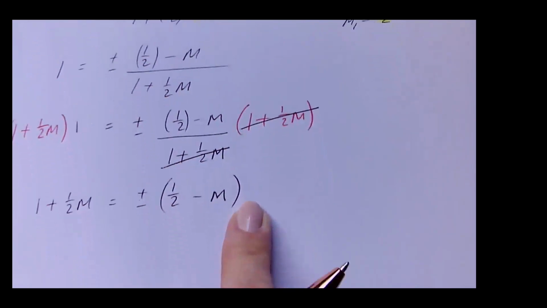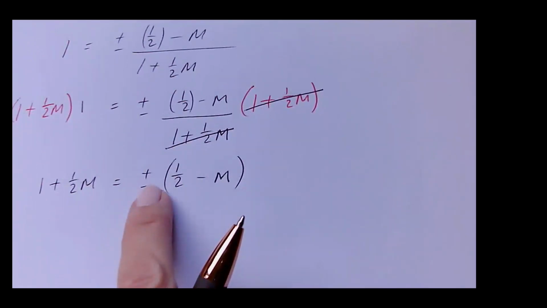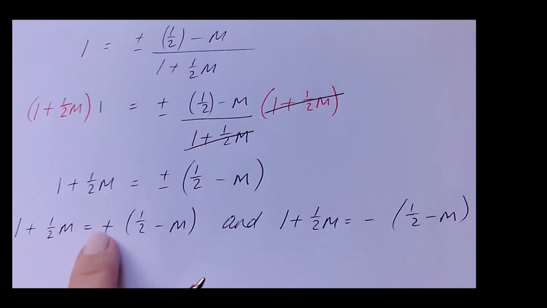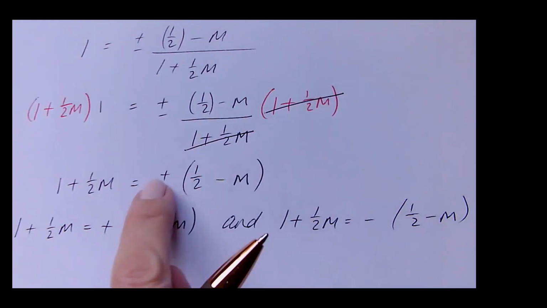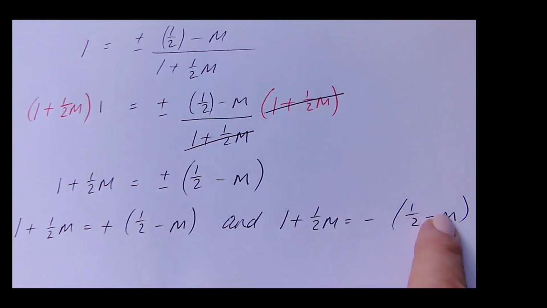Now, at this point, this is when I'm going to split this up into two separate equations. Okay, so 1 plus a half m, and I'll take the positive version, okay, and then 1 plus a half m, and I'll take the negative version, okay. And this is why it's important to keep this whole top part in brackets now, because we'll multiply in by the plus first, and then we'll multiply in by the minus next.